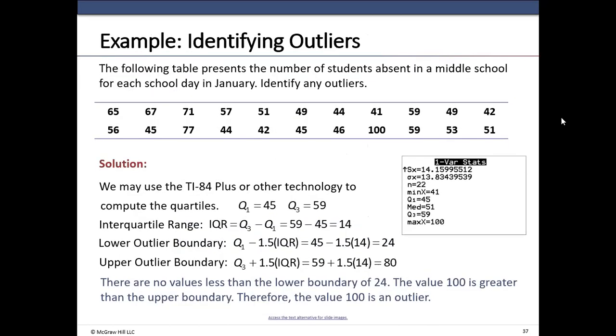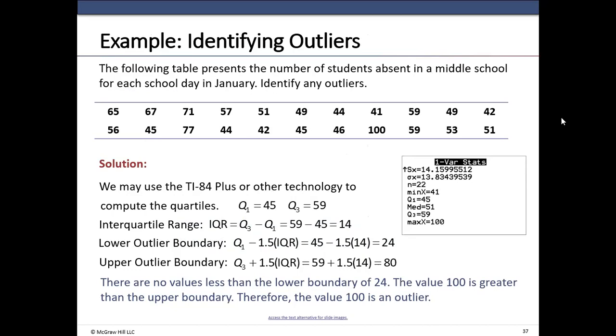Okay, so they do the calculation for the number of students absent in a middle school. Their IQR, Q3 minus Q1, is 59 minus 45, which is 14. Multiplied by 1.5 gives you 21. So the lower outlier boundary is Q1, 45 minus 21, which is 24.